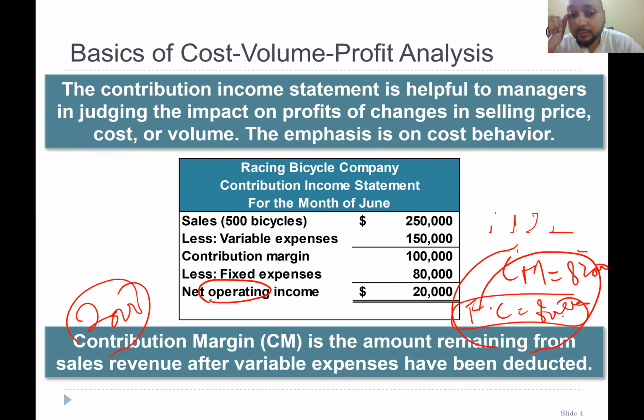So many students are confused that after covering fixed costs, still we are not having 2,000, we are having 1,000 net profit. So sir, this is not the true definition. No, we are talking about net operating income, which comes from business operations. Let me write down the traditional formula for net income that we learned in our accounting class.